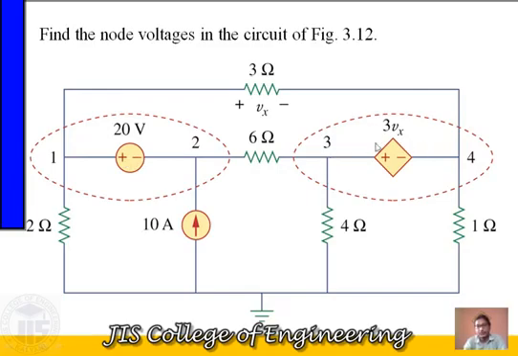Similarly, these two nodes are directly connected by the voltage dependent voltage source. So obviously we have to consider the concept of super node. So we are considering these two nodes all together as super node 1, and node number 3 and node number 4 all together as another super node. So two different super nodes are over here.